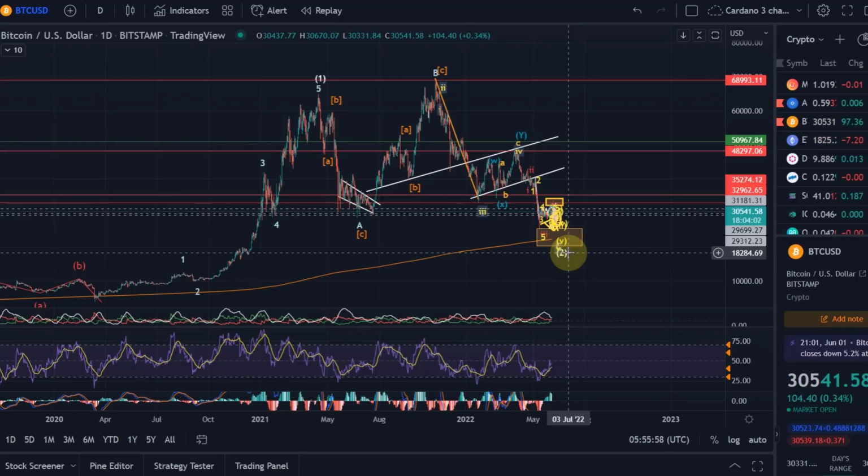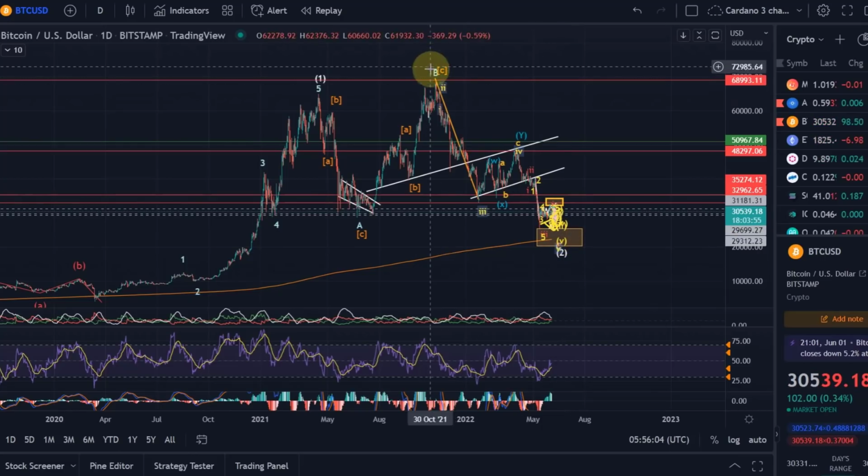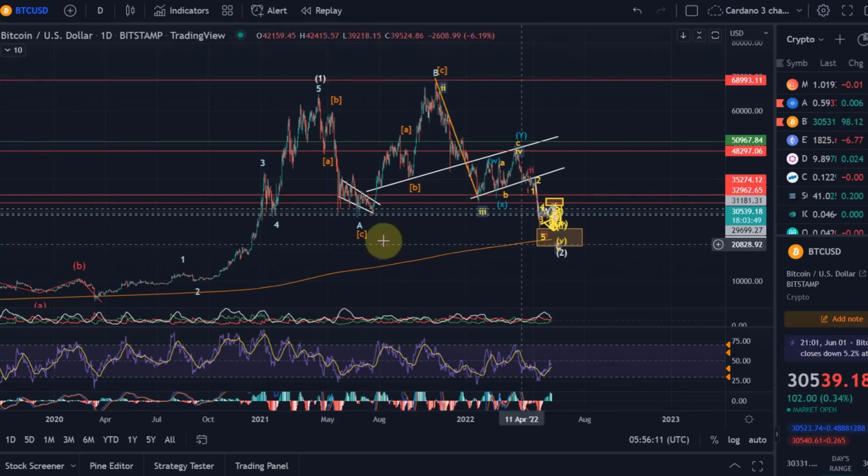An expanded flat is a pattern where in your B wave, which you can see here, this was the all-time high, you overshoot the beginning of the wave A, and then you come down in your wave C lower than the low of the wave A. That is what we talked about back in November already. We talked about this price area down here, and after 6 months we finally reached it. It was a bit of a journey, a bit of an adventure, and of course the adventure is carrying on. But this is currently what we're seeing here.